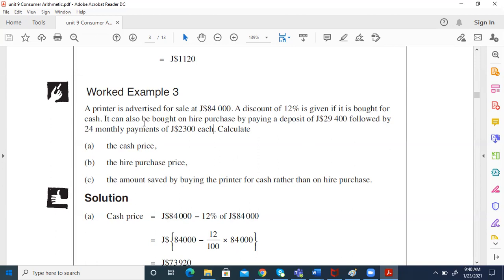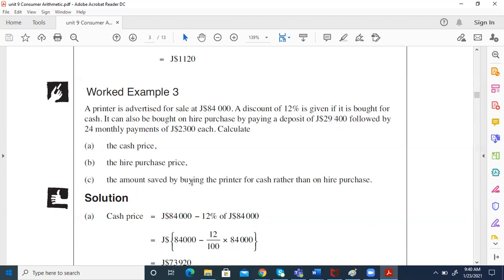They say it can also be bought on higher purchase by paying a deposit of 29,400, followed by 24 monthly payments of 2,300 each. So you say, all right, first amount of money I need to bear in mind is this. You put that down, and then the next thing is that you're going to add 24 times 2,300, and that would be the higher purchase price.